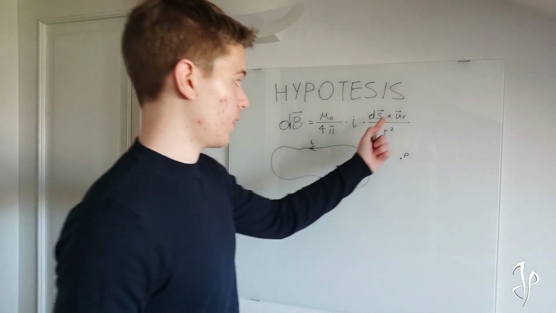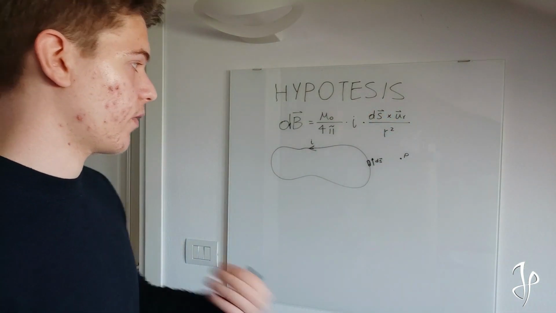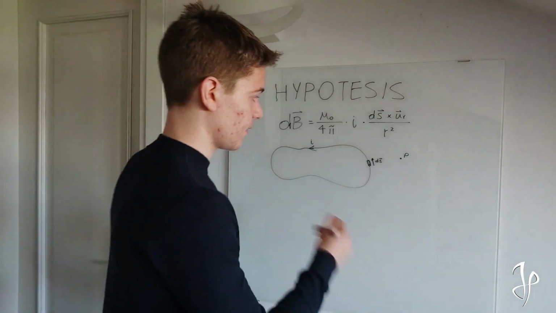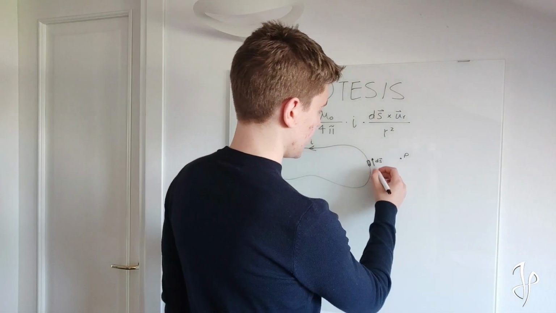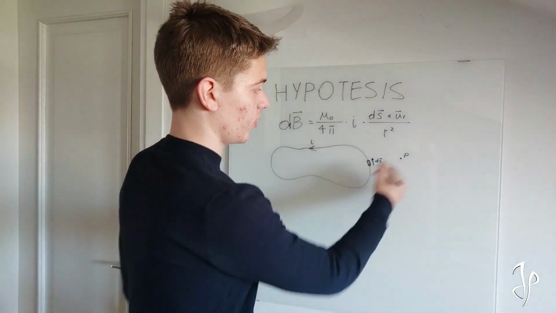And then you have the last term, which is mu r, which is a versor, and it is referred to the radius vector, which is the vector that links the infinitesimal term, ds, to our point P.